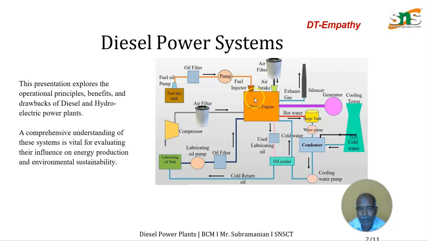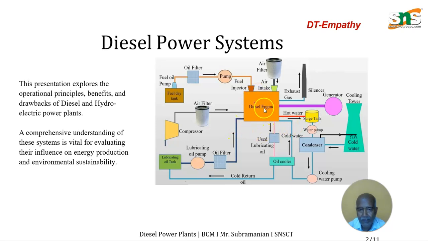Due to the combustion of the diesel and air, the diesel engine functions and rotates, and the shaft of the diesel engine is connected with the generator, which generates power.